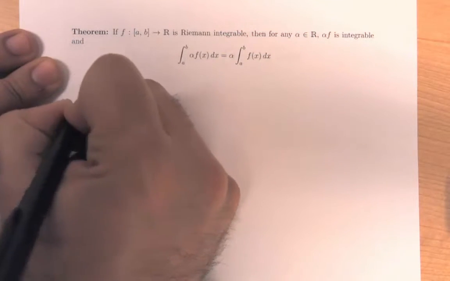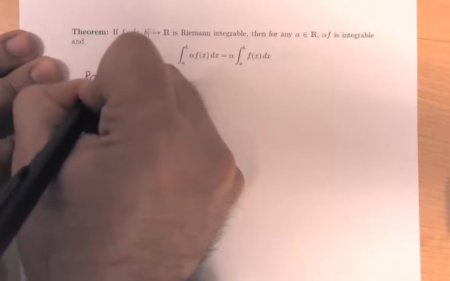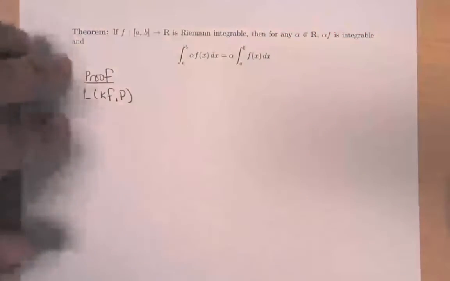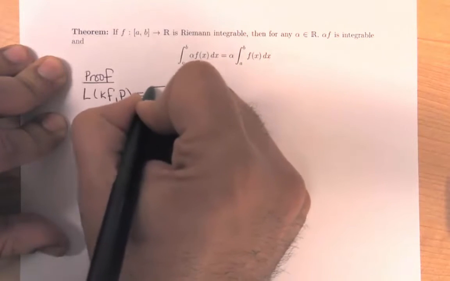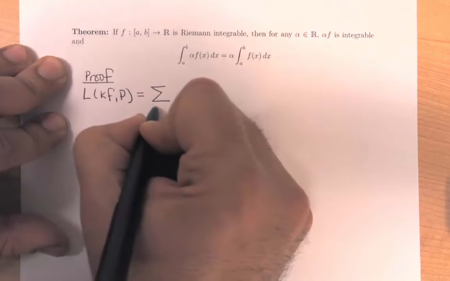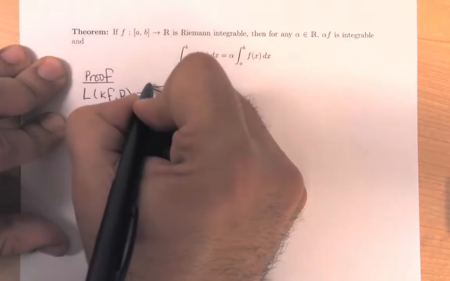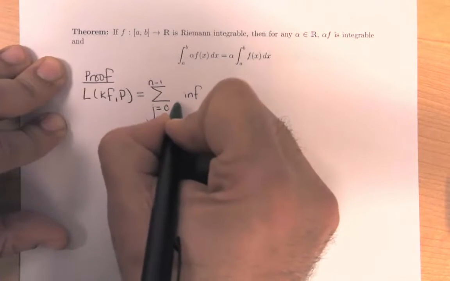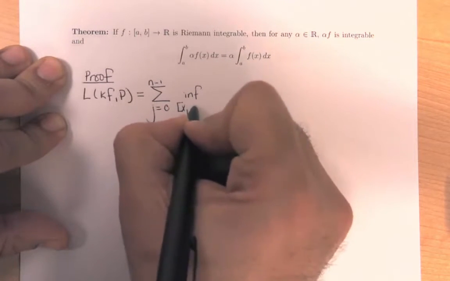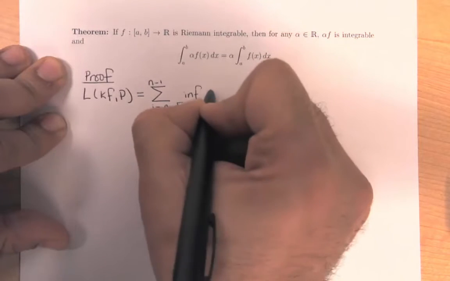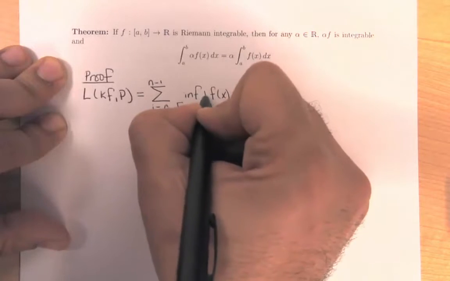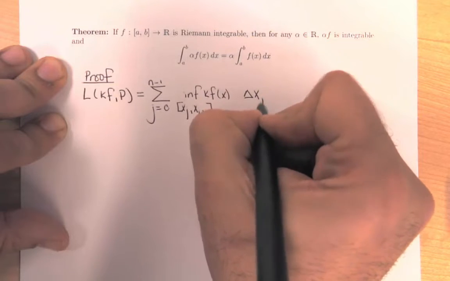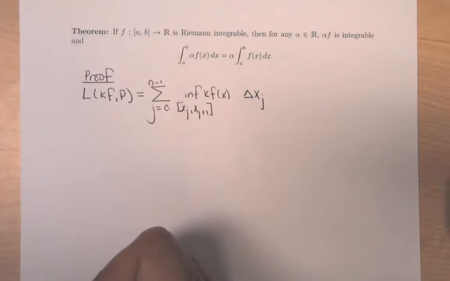So the lower sum for some particular partition P is equal to the sum of rectangles whose heights are the infimum over each subinterval, times the width of the subinterval.